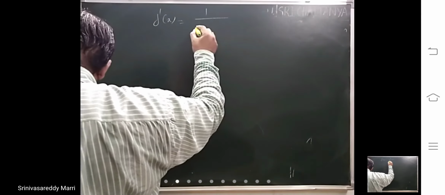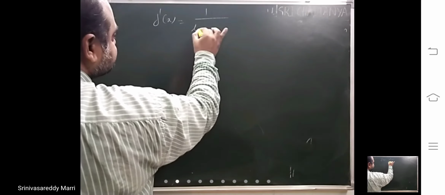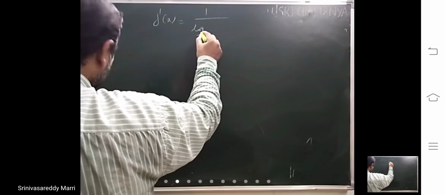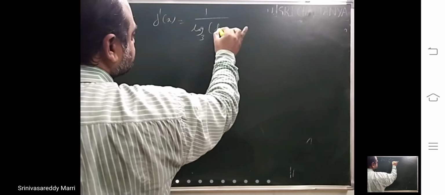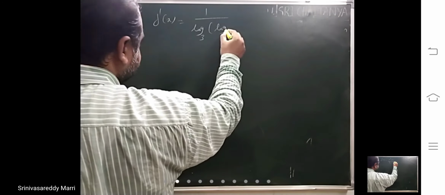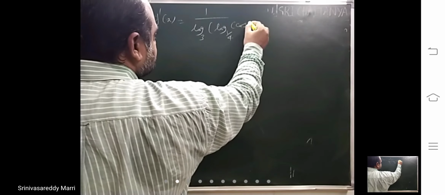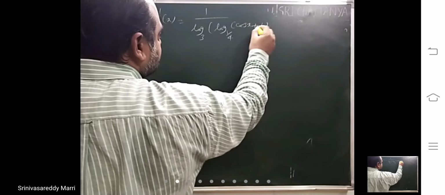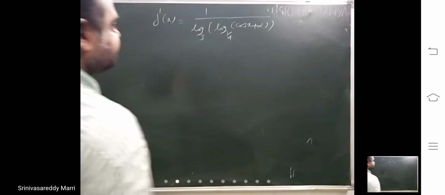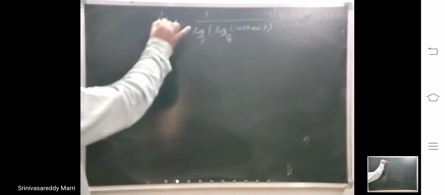F dash x is the given one; it was printed wrong. It is given in the book as f of x, but f dash x is directly given.